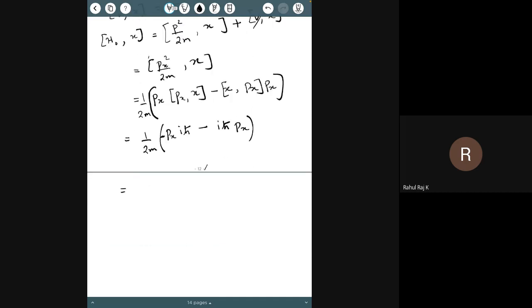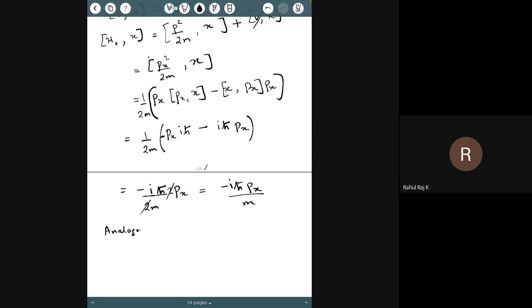This is equal to 1 by 2m times two of them, so 2Px, minus iħ.